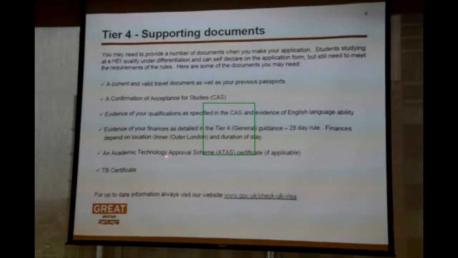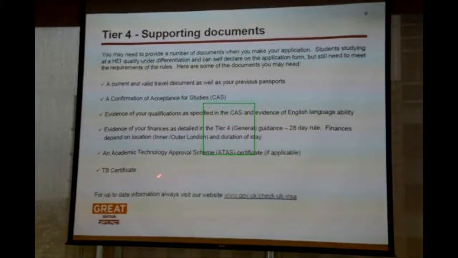Occasionally, an Academic Technology Approval Scheme certificate is required, an ATAS certificate. Certain qualifications or certain studies in the UK require a clearance or a permission from this organisation before you can study. So again, you don't need to provide the document if you have it, but you must confirm that you've applied to ATAS for permission to study in the UK.